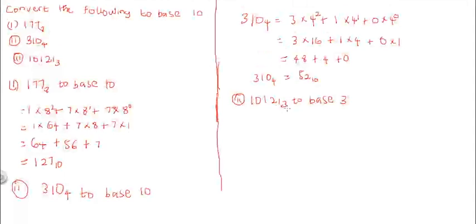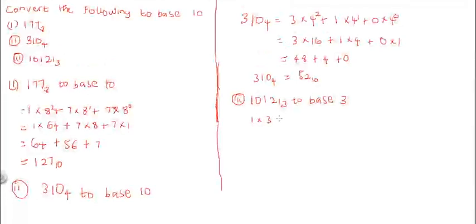Okay, so we have 10121 in base 3. The trick here is still pretty much the same as we did for number 1 and number 2. I'm going to be multiplying by 3 in increasing power from the right to the left. So I'm going to do it for each of my numbers.